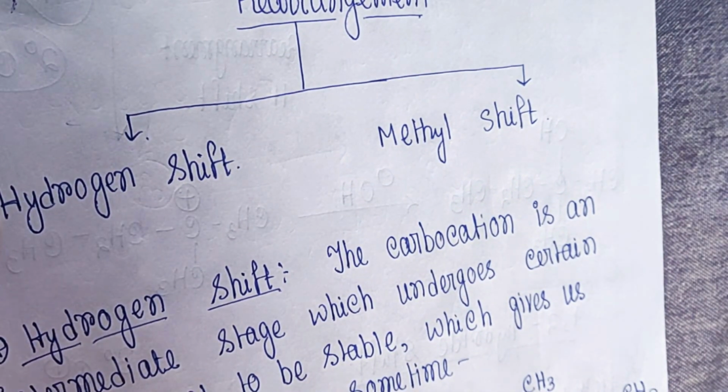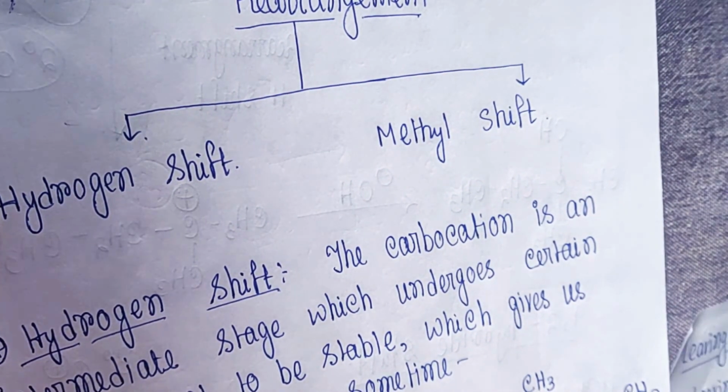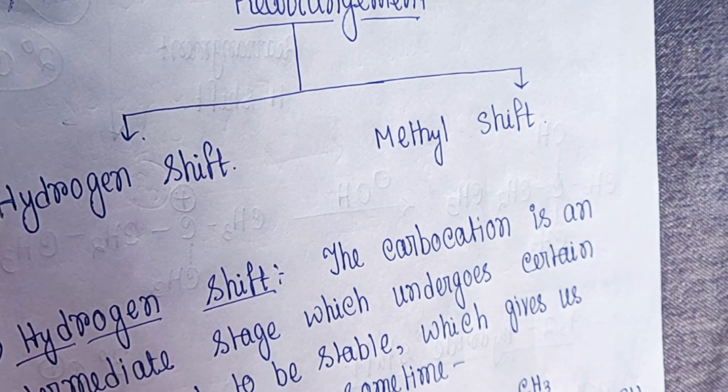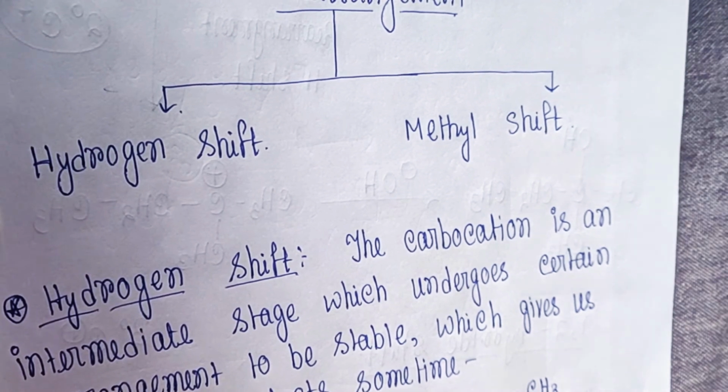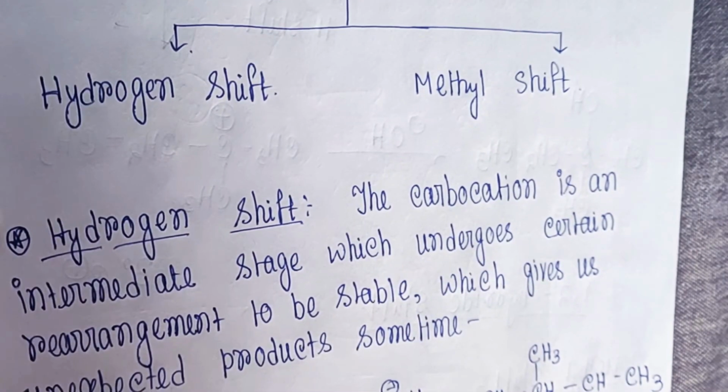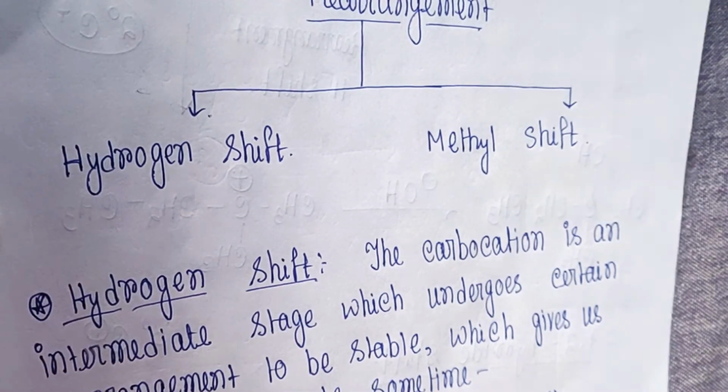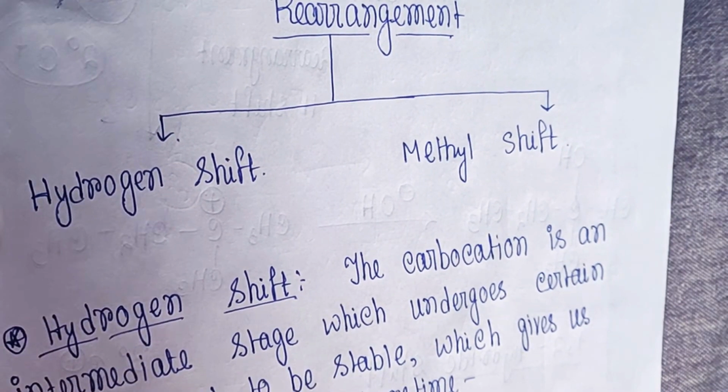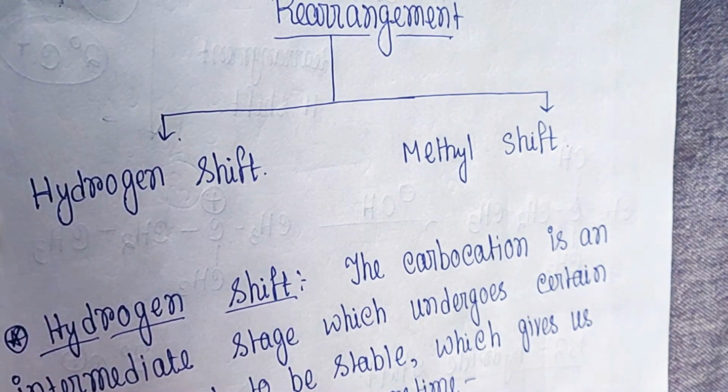Okay. But sometimes what happens is, we get some product which we haven't expected. Sometimes we get some unexpected products as well. So I would show you some examples of that. This happens only in the SN1 type of mechanism. So why is this happening?